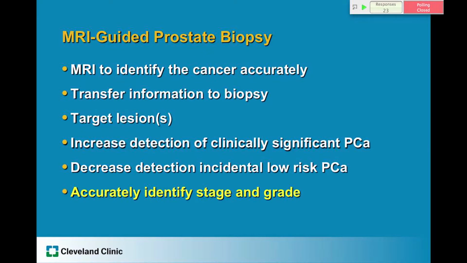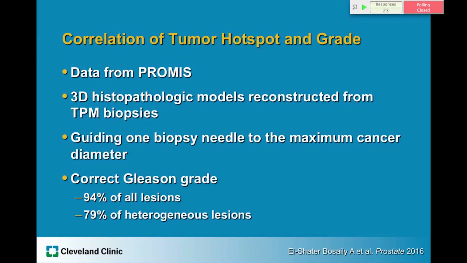So finally, how accurate is MR-guided biopsy at the identification of tumor stage and grade? So that's important information for treatment planning. This study looked at data from the PROMISE trial, which I mentioned earlier. They created 3D histopathologic models, which were reconstructed from these transperineal mapping biopsies.